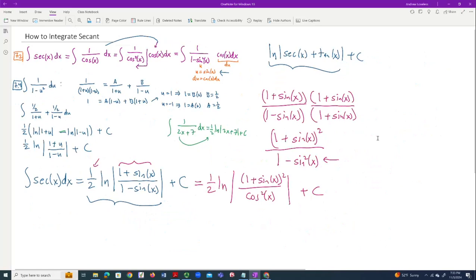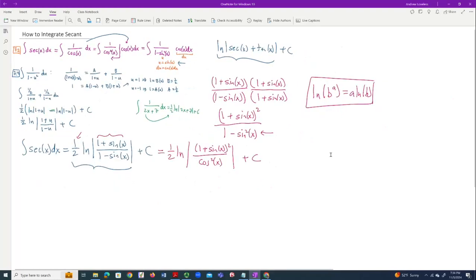Now you might want to dust off those log rules. The most important log rule, if you were only going to remember one log rule, would be this one. This is the log rule we use whenever we're solving an equation that involves some exponential function. So we can use that. In this case, I'm going to have a 1/2 here to move this inside.